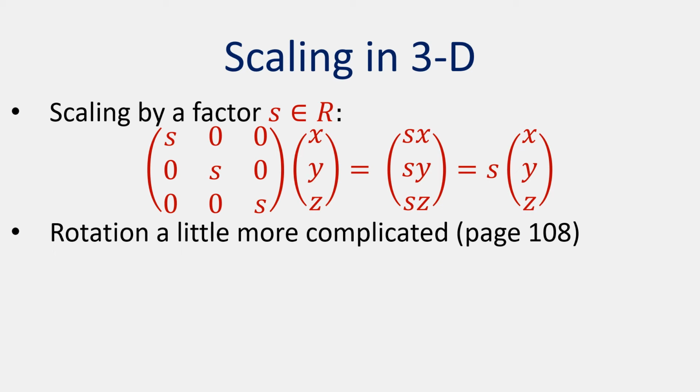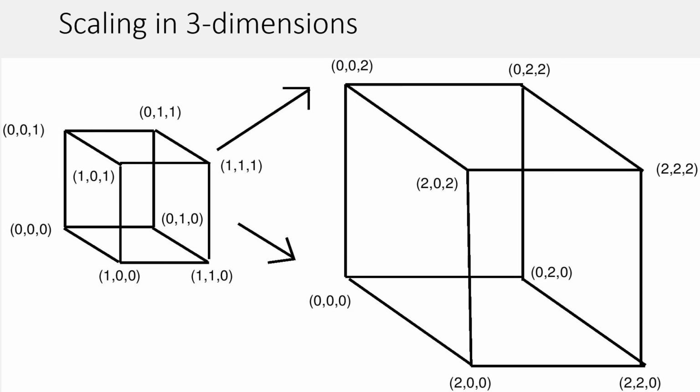In practice, if we're carrying out object rotation in 3 dimensions, we're typically not going to do that by matrix operations. We use quite a sophisticated technique that, as I mentioned earlier, derives from one of the applications of what I'll call complex numbers. So here's an example of scaling.